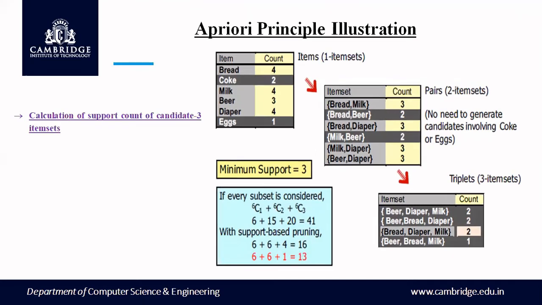So the last calculation, finally, when it comes to the triplet count, the left out is going to be only bread, diaper, milk. So finally, the support based pruning is going to lead to only 13 overall computations. It is minimized from 41 to 13. In brute force approach, it was 41 steps or calculations or comparisons needed. On the other hand, over here, it is only 13 comparisons which are needed.